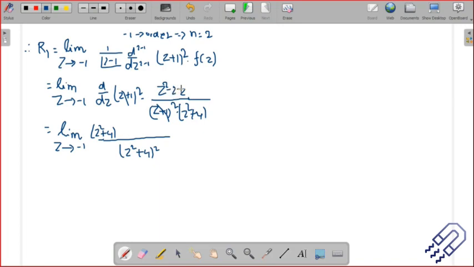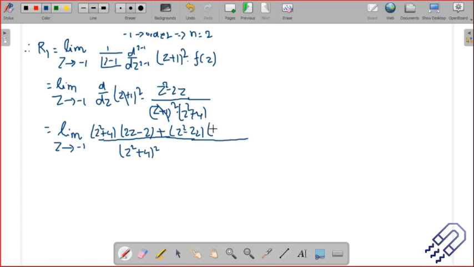So d/dz of u means d/dz of z square, that is 2z, minus d/dz of 2z, that is minus 2, plus you have to take u outside, so this is (z square minus 2z), and then you take d/dz of v.